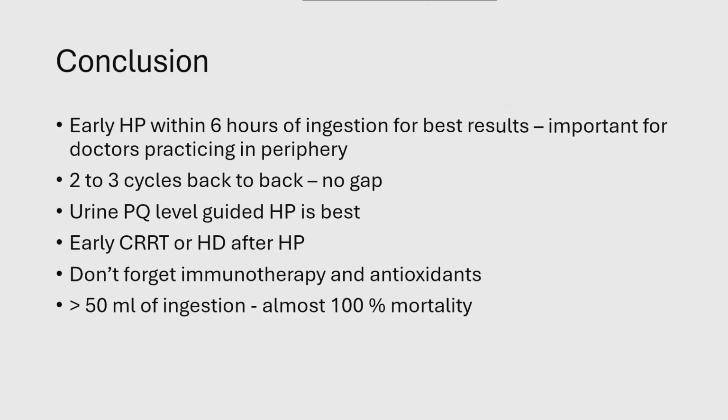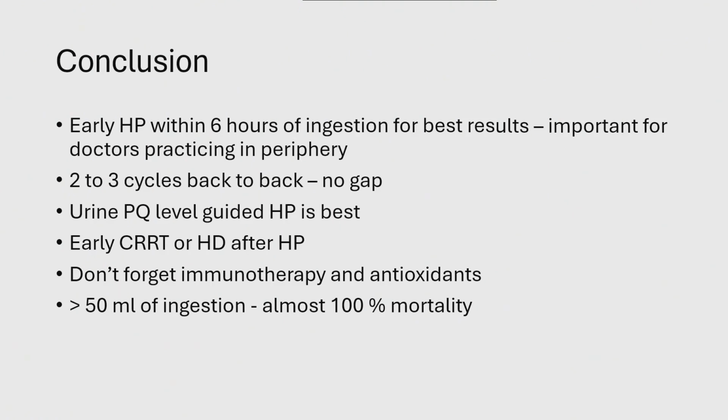So to conclude, the role of hemoperfusion in paraquat: early hemoperfusion within 6 hours of ingestion gives the best results. This is important for doctors practicing in the periphery, because they are the first point of contact, so they have to do this hemoperfusion. You can do it with your simple hemodialysis machine also. 2 to 3 cycles back to back, no gap.